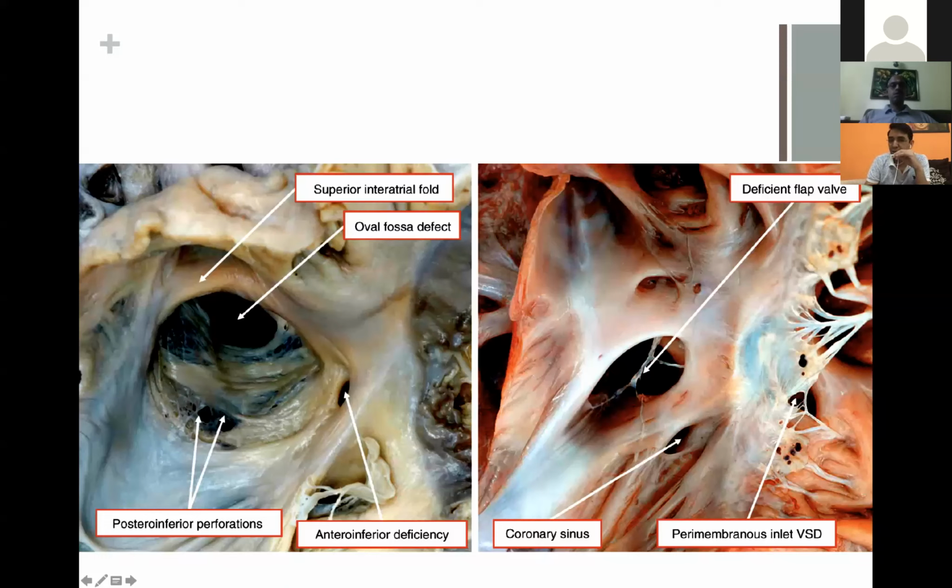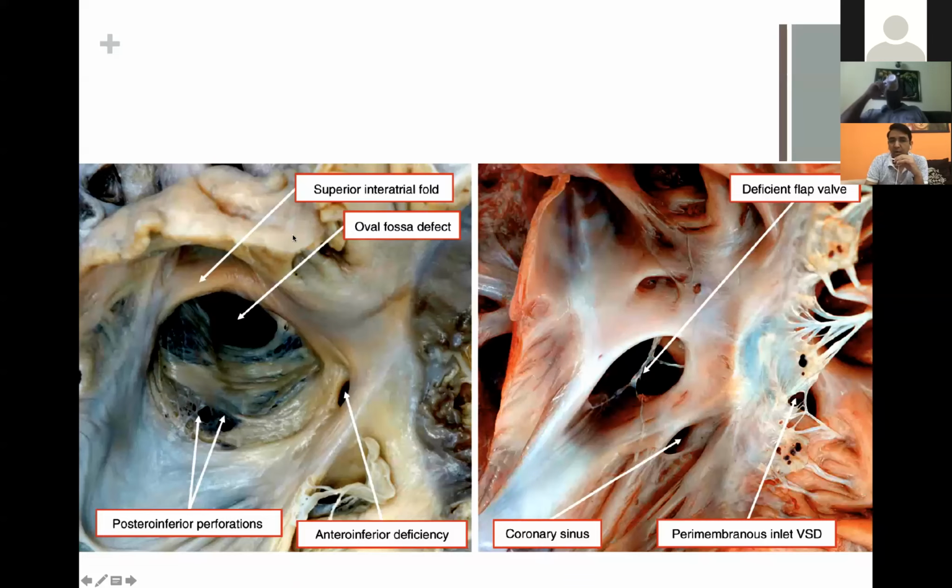Now, this image shows a similar fossa ovalis defect, but extending towards the inferior vena cava, and the inferior rim is possibly deficient. Those who have been doing ASD device closure and those who are learning about it all know that these defects come in different shapes and sizes. That is why it is very important that we understand what we are dealing with before we want to close it.